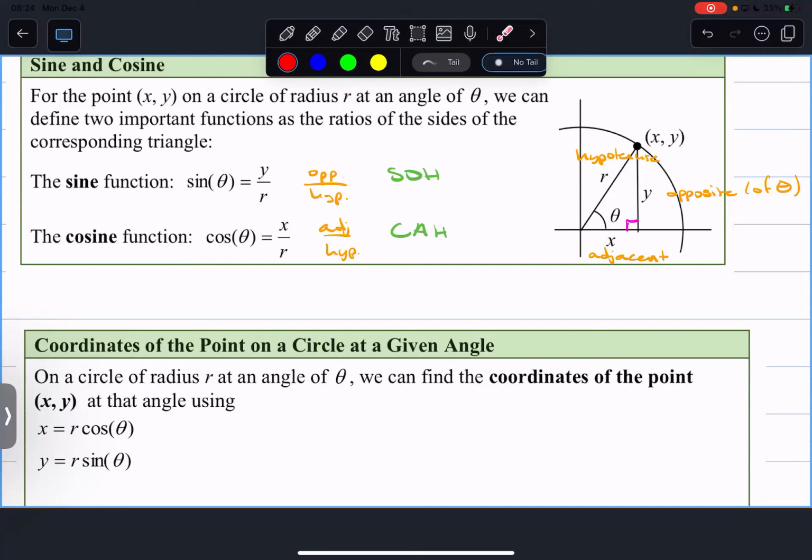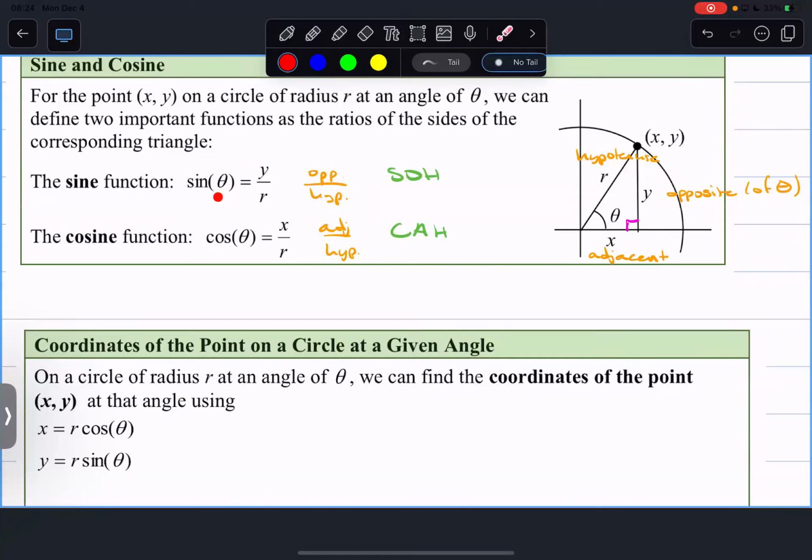If you wanted to solve for the points x and y, so figuring out what point on the circle from some theta, I give you a theta, what point is on the circle for this terminal side? Then you could rearrange these. You could solve for y by multiplying r over to the left-hand side. So then y is r times sine theta.